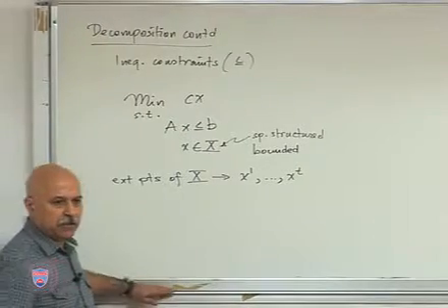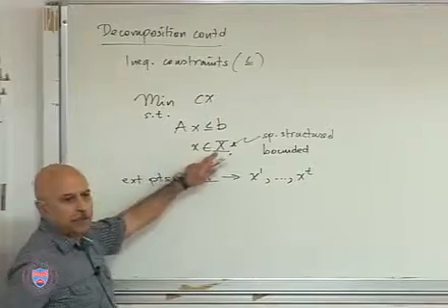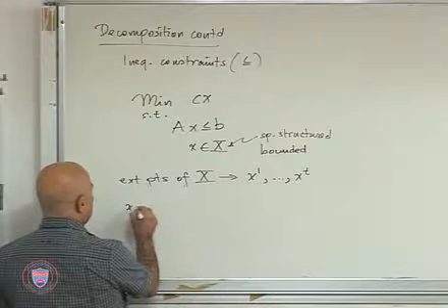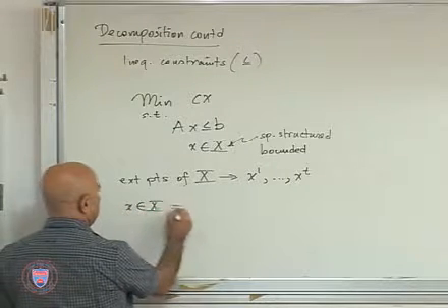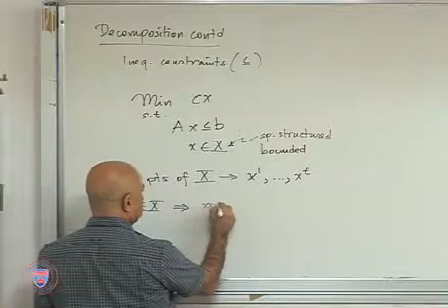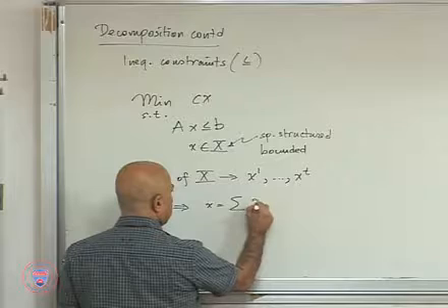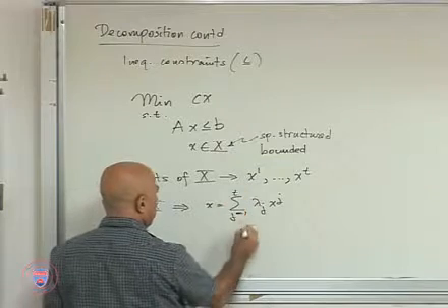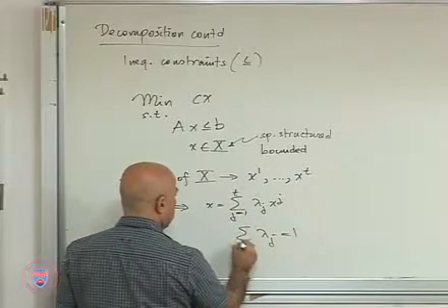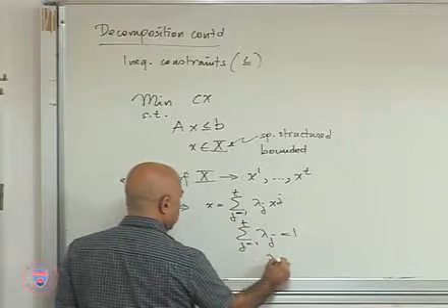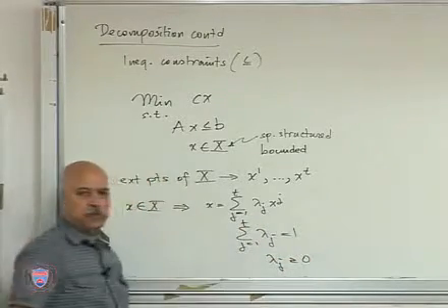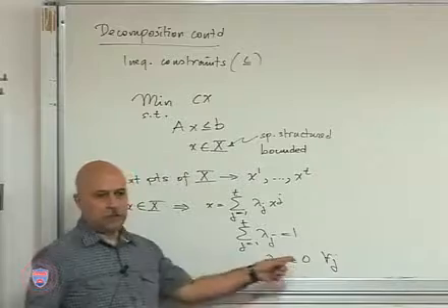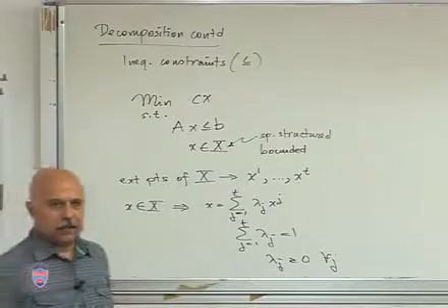A convex combination of these extreme points will give you any point inside capital X. And we represent any such x in X as a convex combination of these points using multipliers lambda j, where lambdas add up to 1, and each lambda is a number between 0 and 1. Since the summation is equal to 1, non-negativity is enough here. They are necessarily less than or equal to 1.